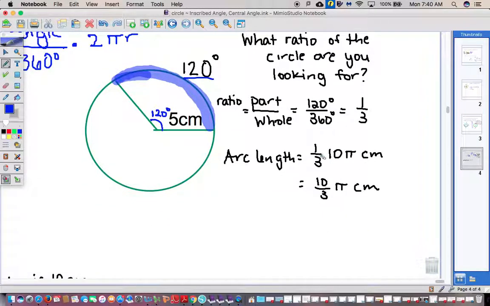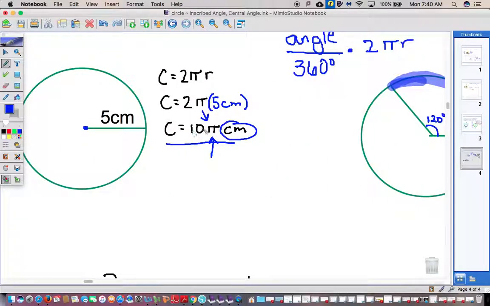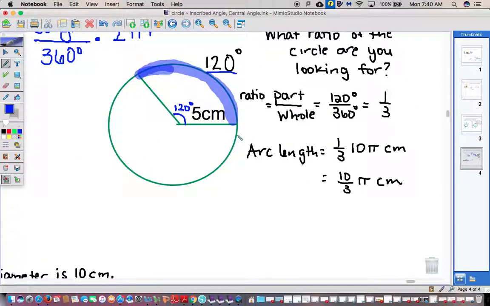So then you would say, what is 1/3 of 10 pi centimeters? Because remember, when you have a circle that has a radius of 5 centimeters, your circumference is 10 pi centimeters. So we want to know what is 1/3 of 10 pi centimeters, and that would be 10/3 pi centimeters.